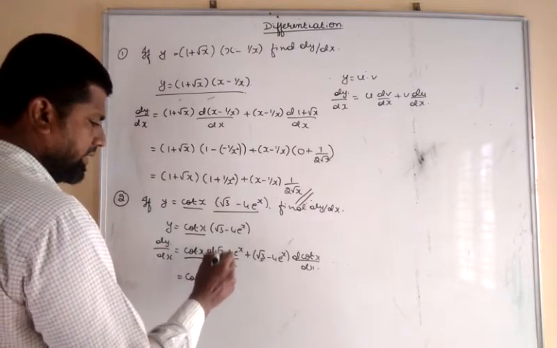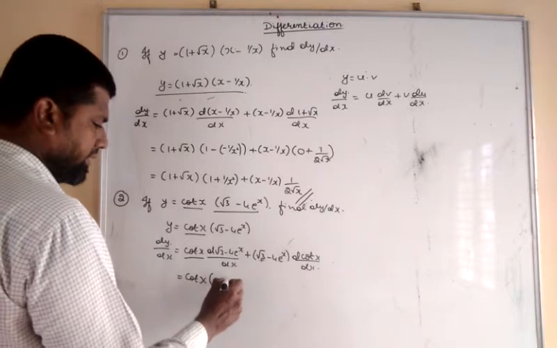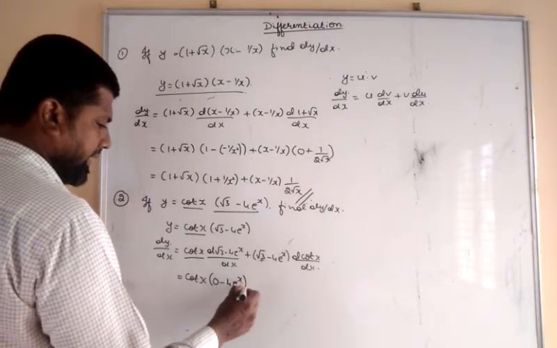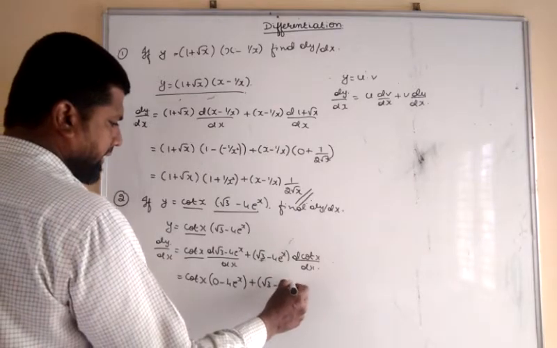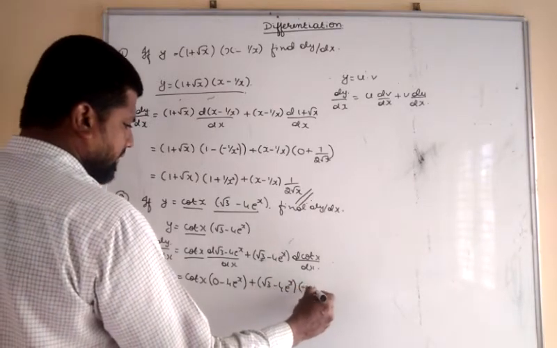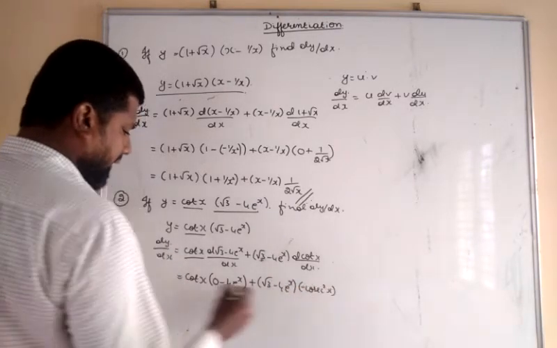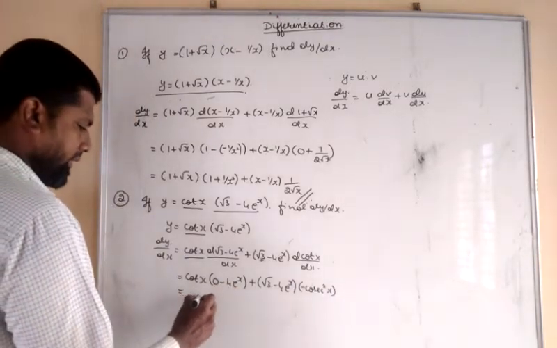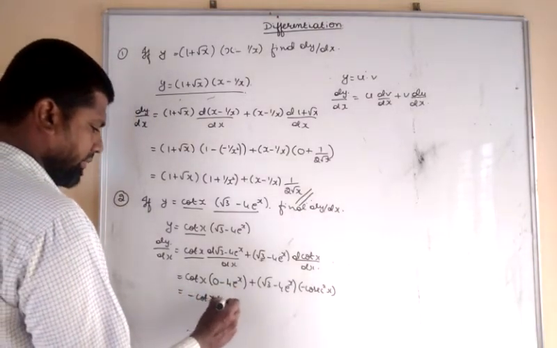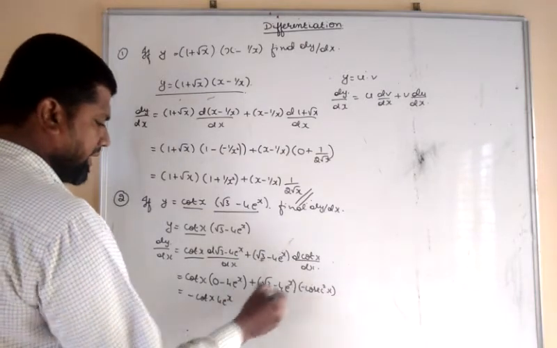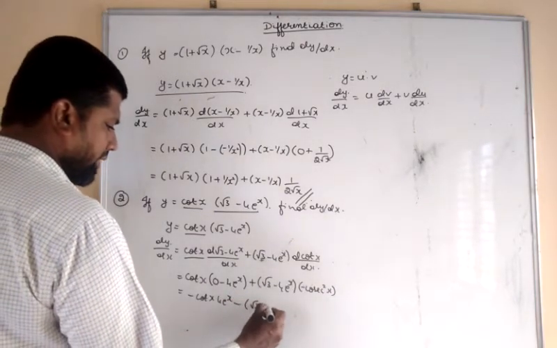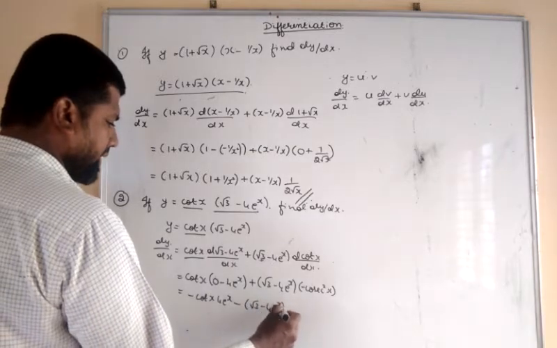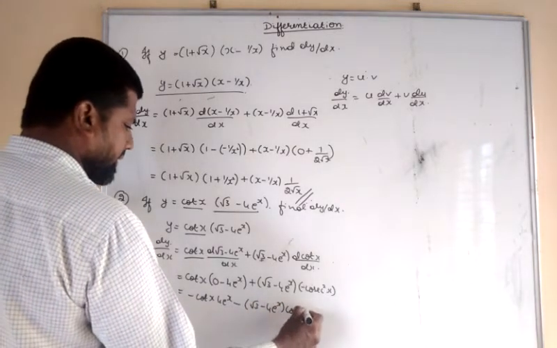Differentiation of root 3 is constant, 0, and 4 constant e to the power of x is e to the power of x. Then root 3 minus 4 e to the power of x into the differentiation of cot x, which is minus cosecant square x. Then you can write minus cot x into 4 e to the power of x, plus root 3 minus 4 e to the power of x into minus cosecant square x.